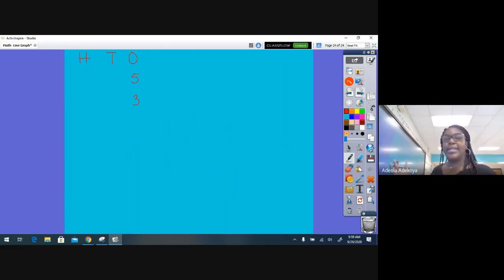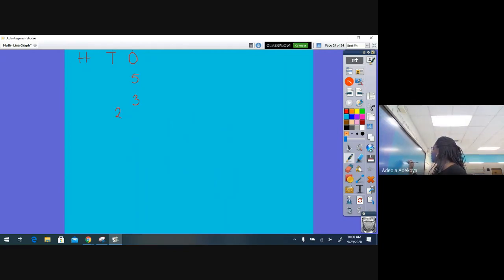Now for the tens place, these are usually 2-digit numbers. When I'm saying 2-digit, it would have a ones and a tens. An example would be 25. In the number 25, I've got 2 tens and 5 ones. The 2 tens is 20.